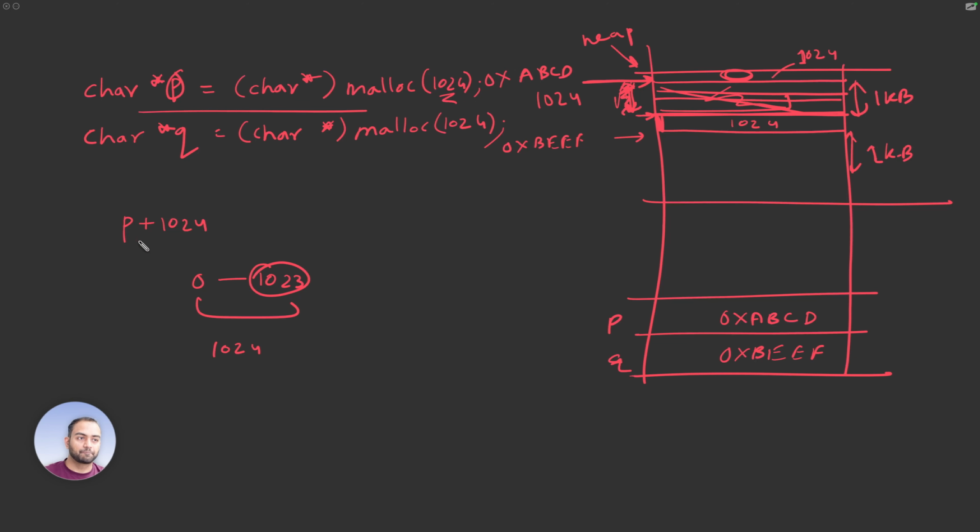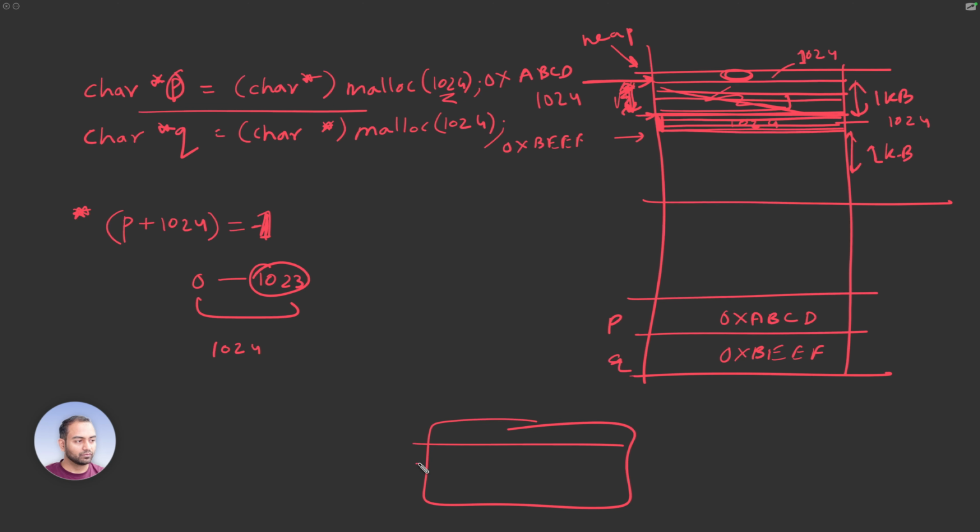Let's just say what we do is we dereference this and write a number, let's say -1 there. There were 4 bytes here as an int that we're using to store 1024, because malloc takes a size_t, which is an int, which is 4 bytes.